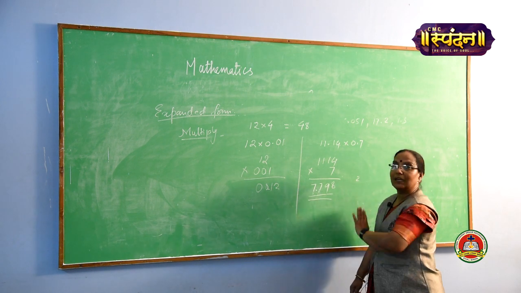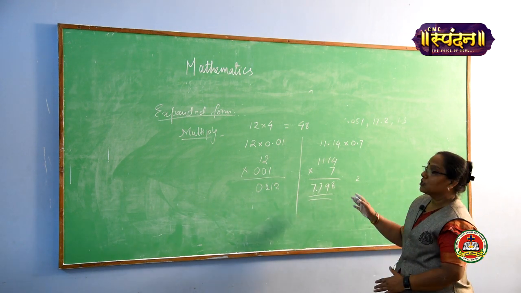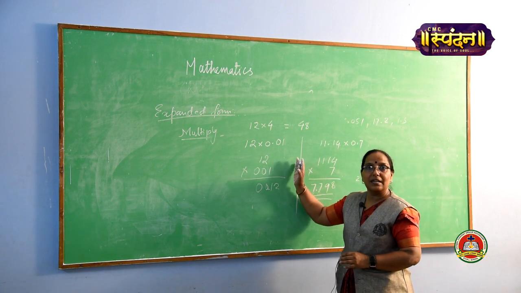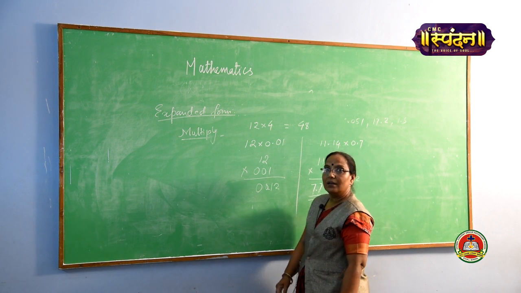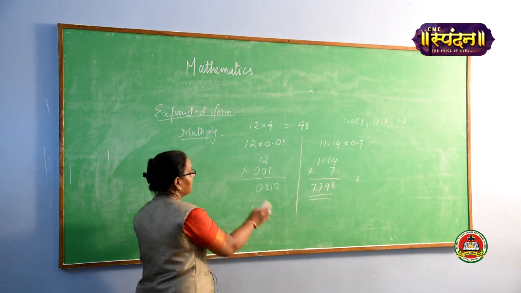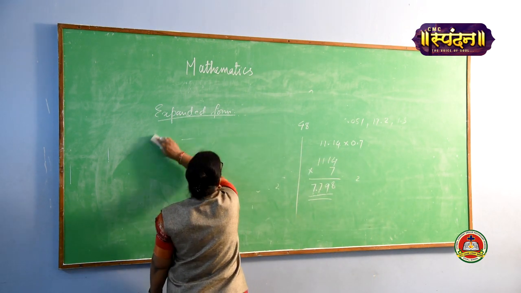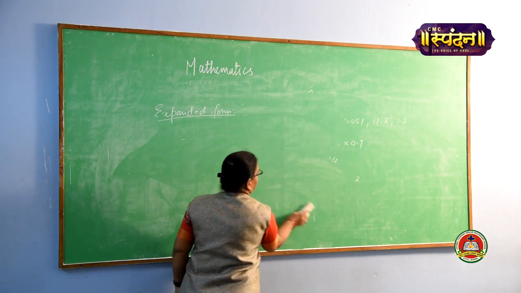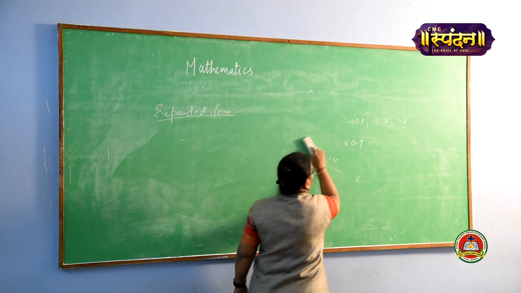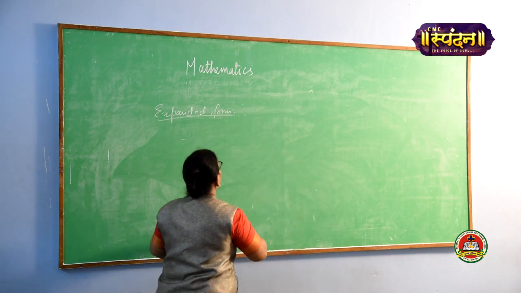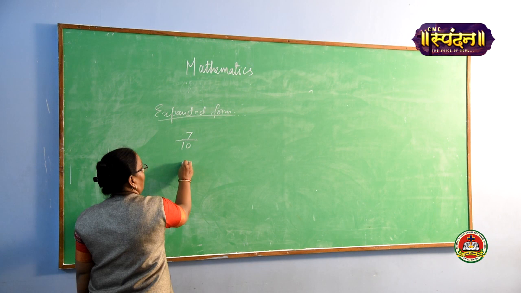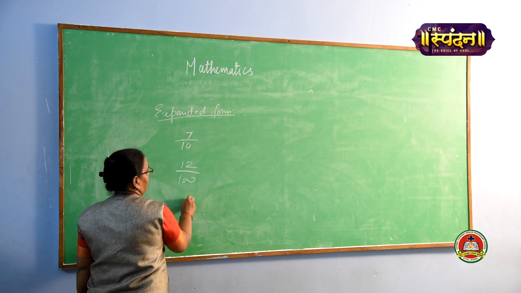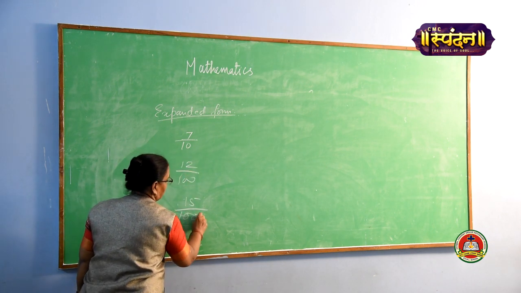So this is called multiplication. Multiplication of the whole number with decimal and decimal with decimal. Similarly, you can divide the numbers. Division of the numbers. See, suppose 7 by 10 or 12 by 100 or 15 by 1000.